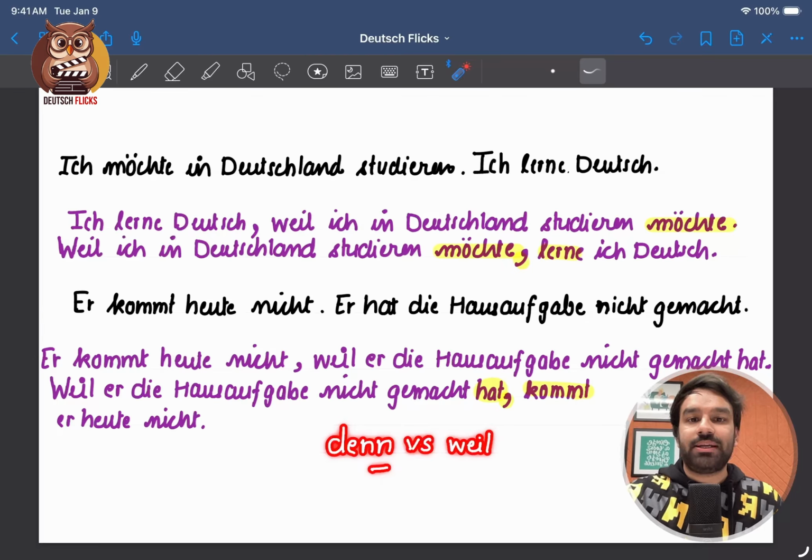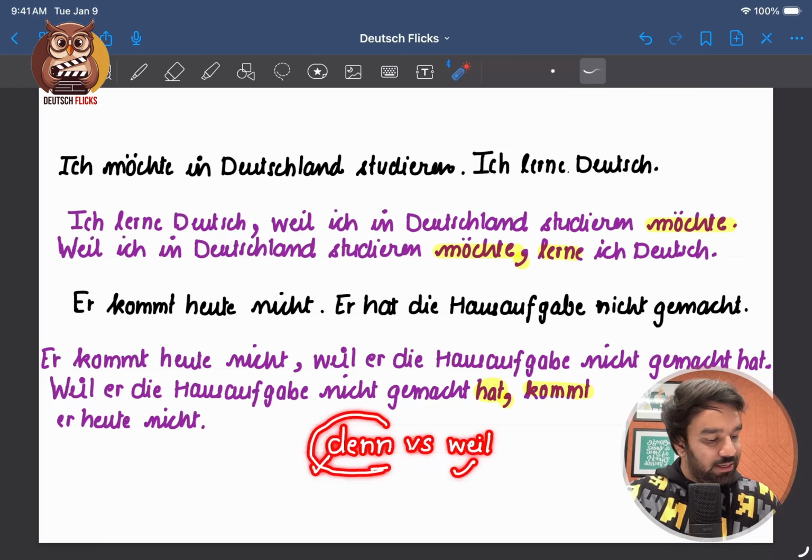Was ist der Unterschied zwischen denn und weil? What is the difference between denn and weil? Now, in case of this word denn, my conjugated verb doesn't go to the end, it stays the same. So the way you use because in English, in a similar fashion you have to use denn, and you just have to do the translation.